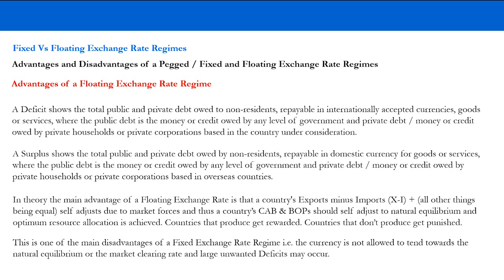So basically, a deficit shows the total public and private debt owed to non-residents, repayable in internationally accepted currencies, goods, and services, where the public debt is the money or credit owed by any level of government, and private debt is money or credit owed by private households or private corporations based in the country under consideration.